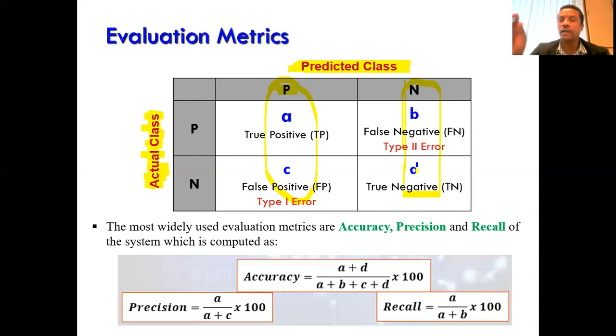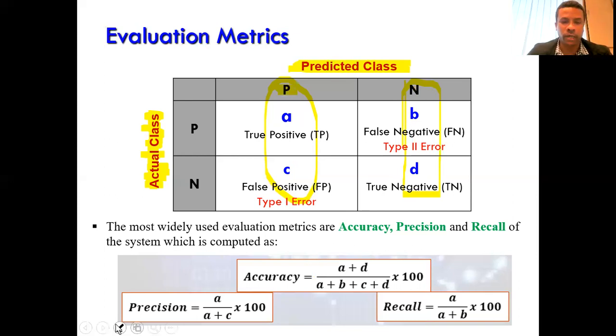B and D are results that are discarded by your program, whereas A and C are instances that your program says are correct outputs. So P for the predicted class is what your program says are correct, and N are the instances that your program says are wrong, or not supposed to be included in the result flow.